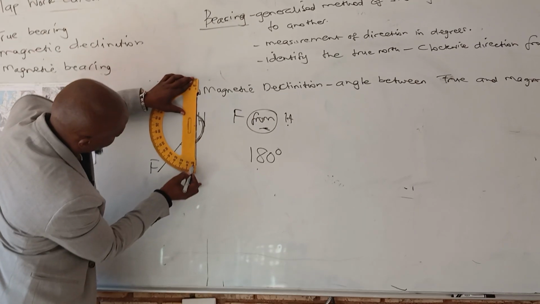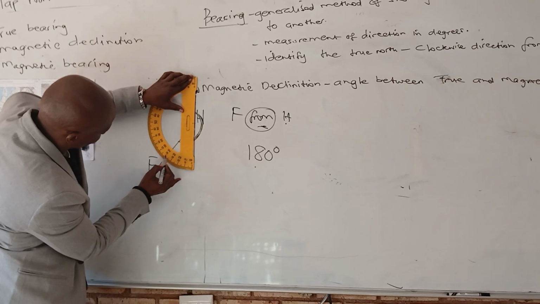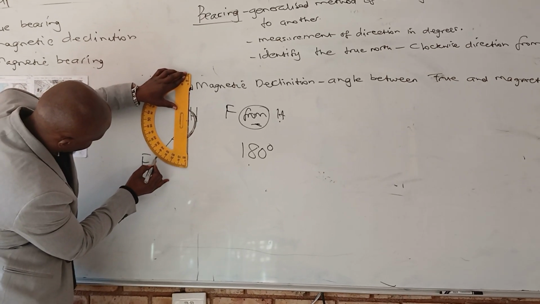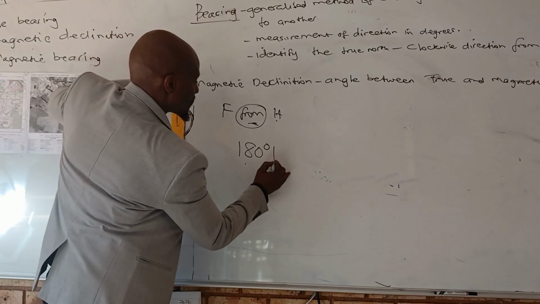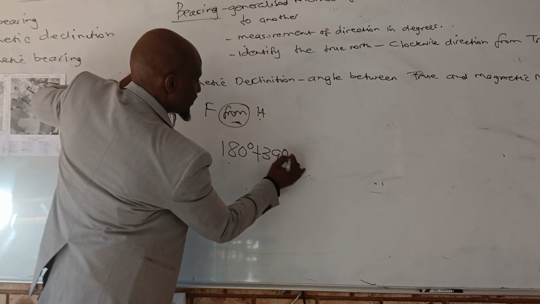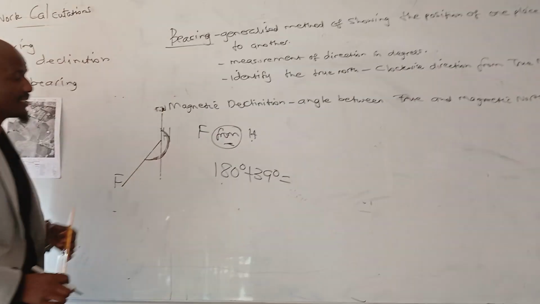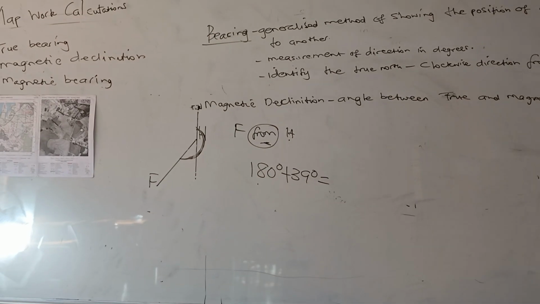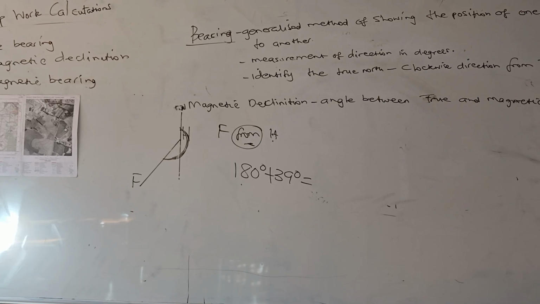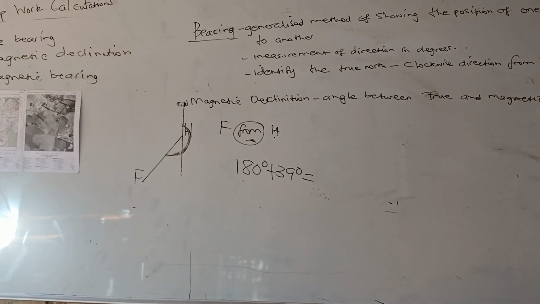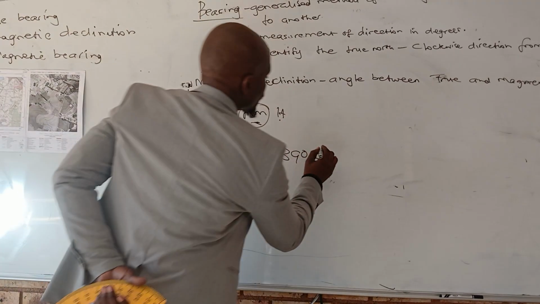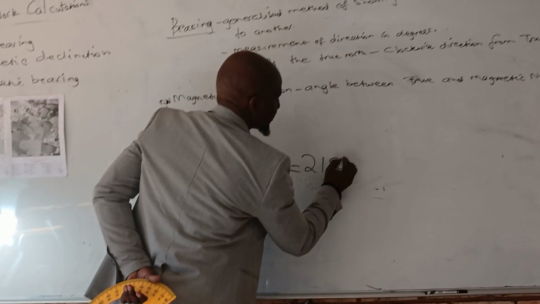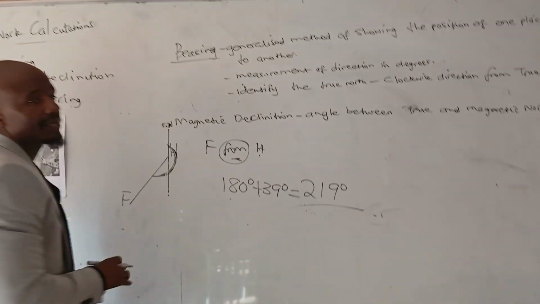So if I check from here, 0, 10, 20, 30, 40, it's somewhere at 39 degrees. So if I add 180 plus 39 degrees, what is my answer? I will get 219 degrees. That will be my true bearing.